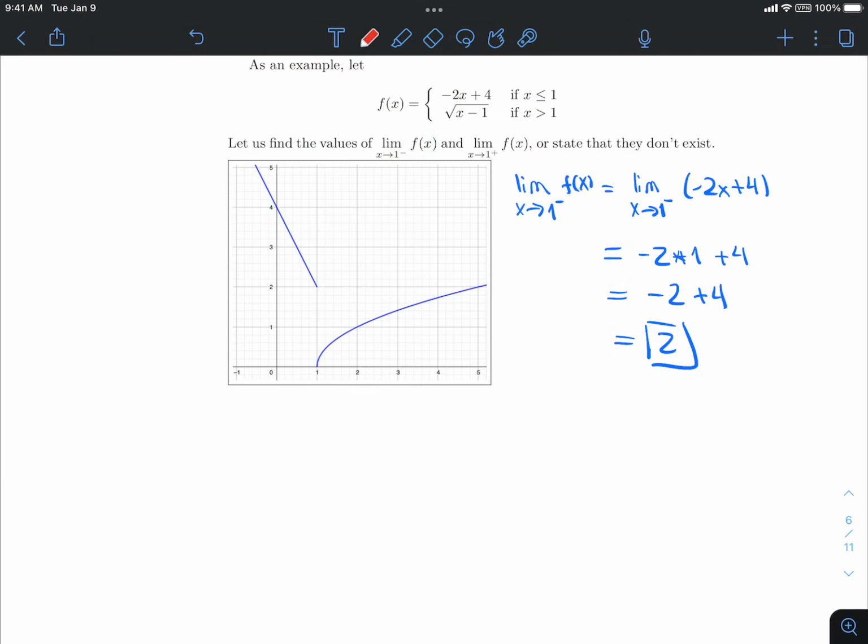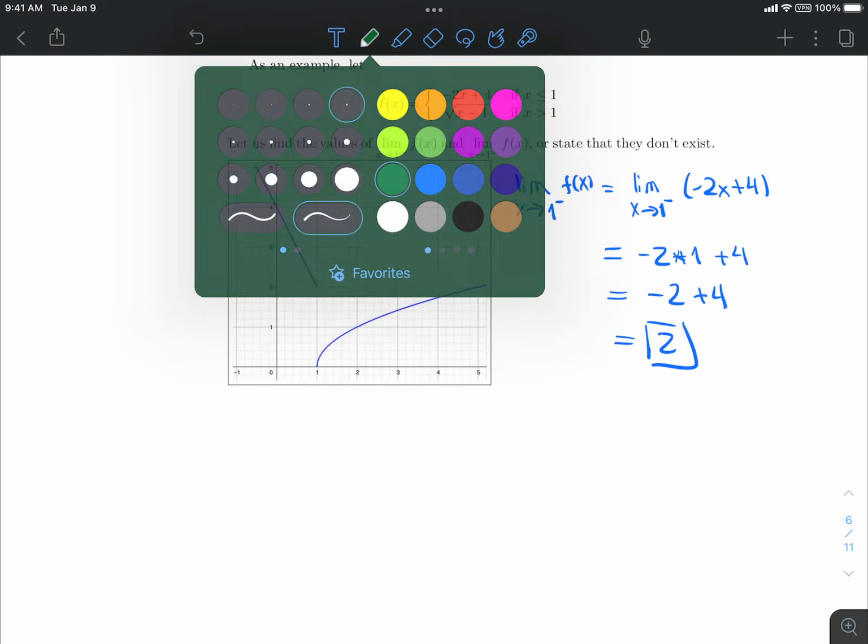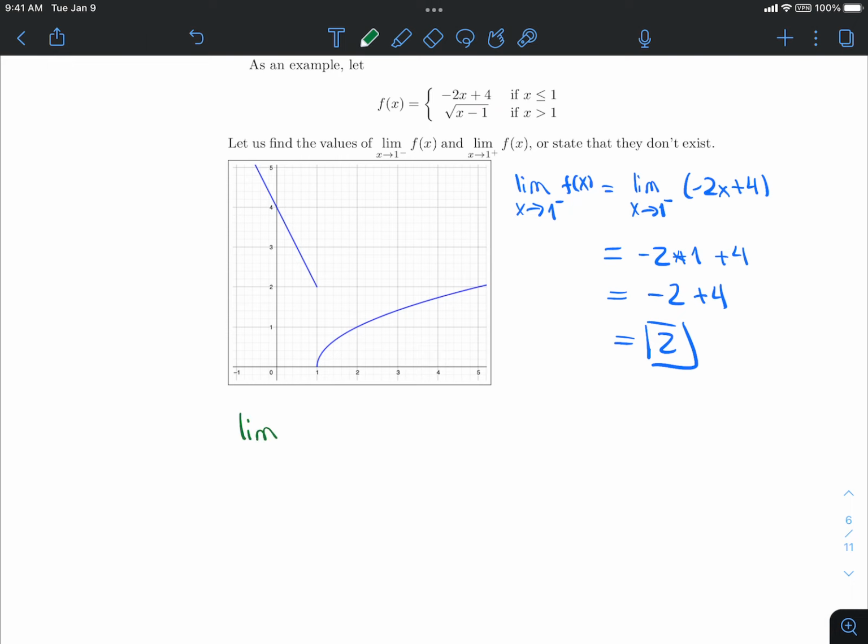Now the limit from the right of f of x, as x approaches 1 from the right. We're looking at the right side of 1, so x is greater than 1.